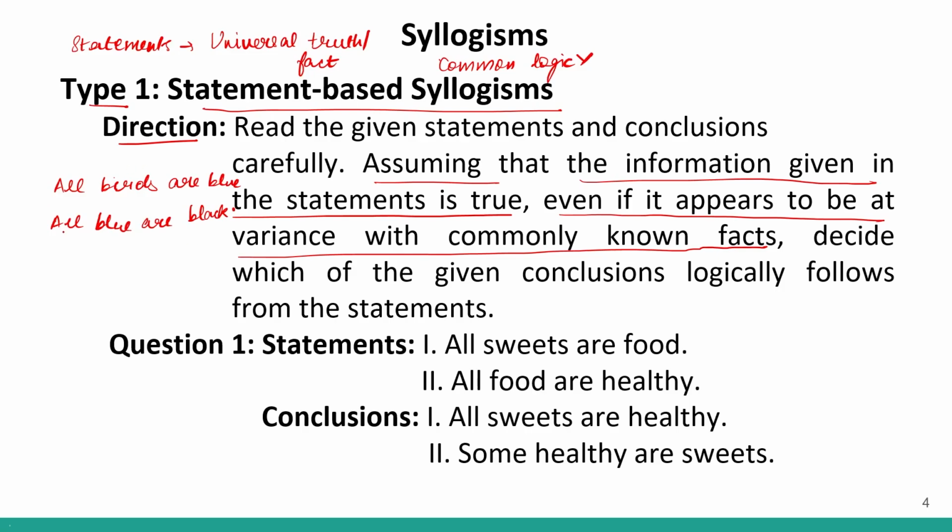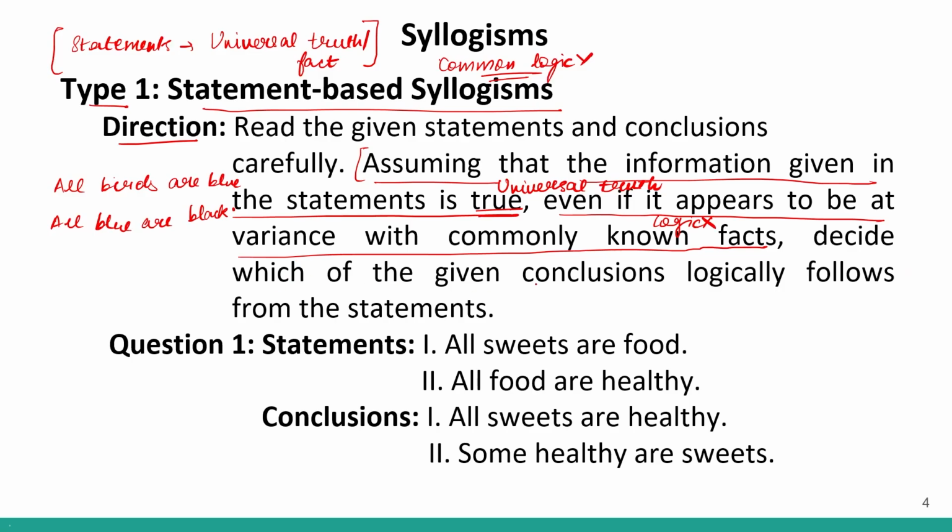These kinds of statements do not follow common logic, but for the sake of the question, we have to assume them to be the universal truth or the universal fact. So when you see a line like this, that assuming that the information given in the statement is true, it basically means that we have to consider them to be the universal truth or universal fact, even if it appears to be at variance with commonly known facts. That means even if it appears to be logically flawed, even then we have to consider them to be universally true.